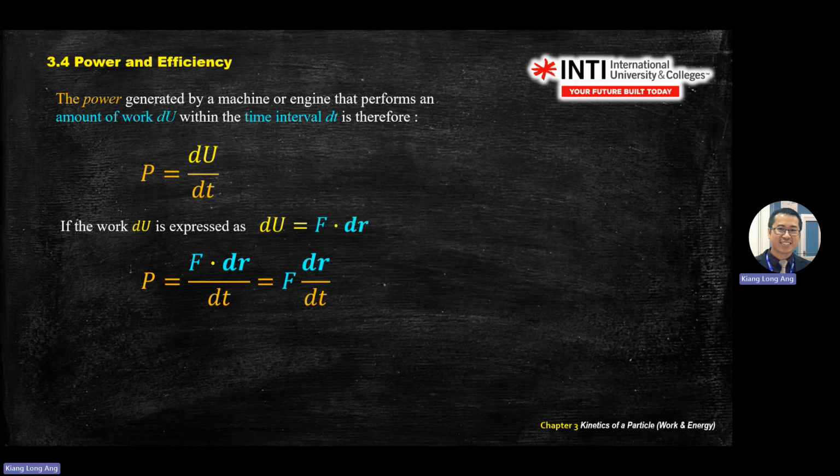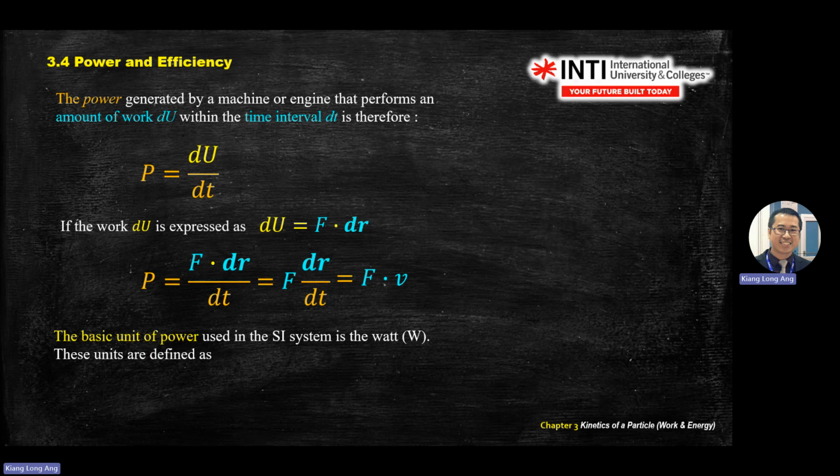But if force has an equation, you need to carry your force together. But this is dr/dt, and dr/dt also equals velocity. So F dot v will give you power. The F will be in Newtons, velocity will be in meters per second.